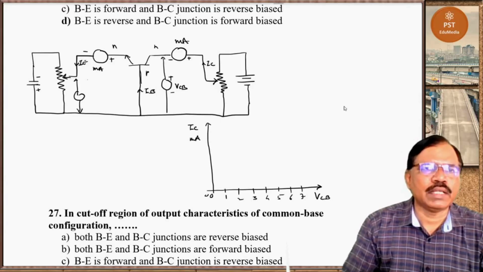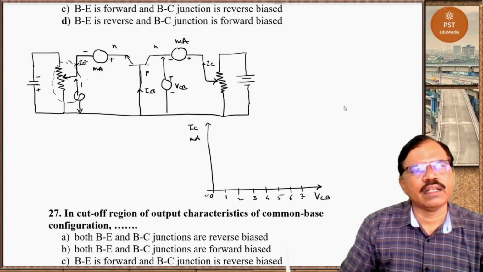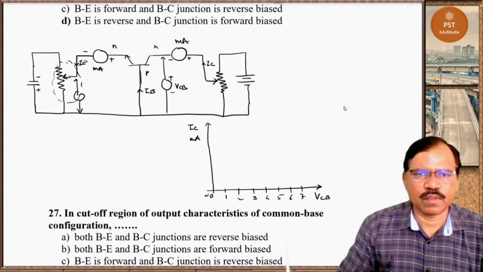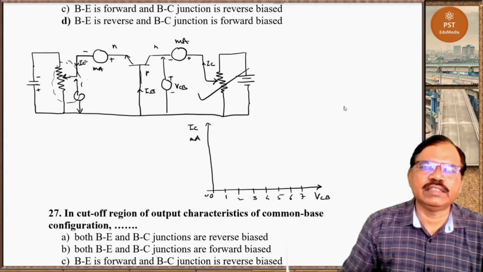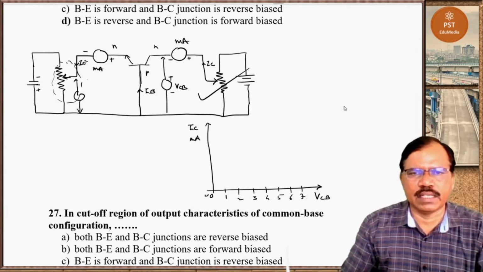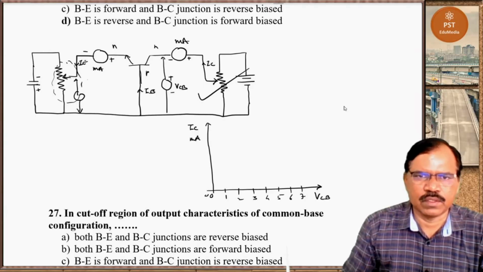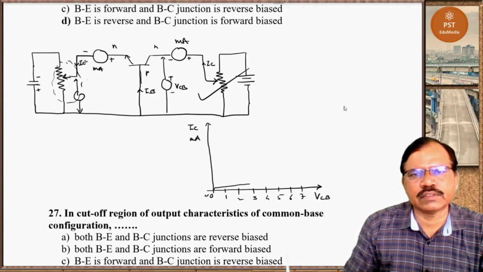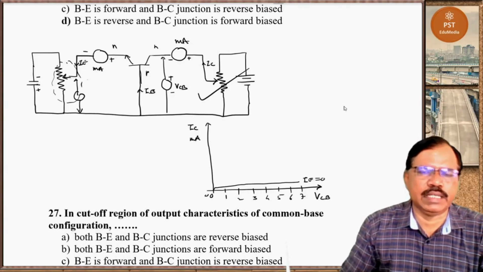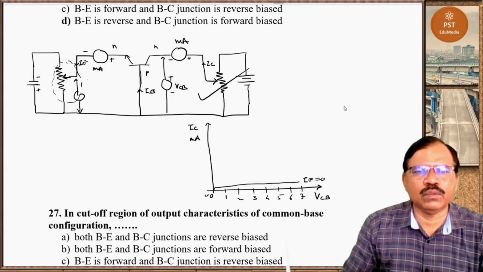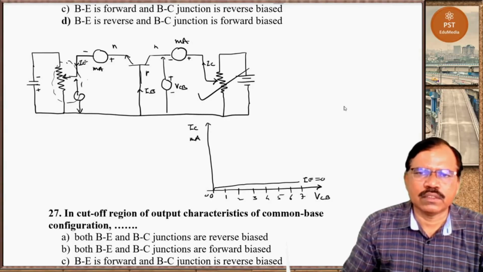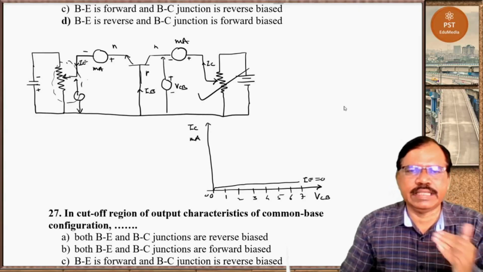First, by using this rheostat, we make IE 0, and then we vary this one. And we change VCB from 0 to some higher volt, and we go on measuring IC. So we get a graph like this, for IE equal to 0 milliampere.